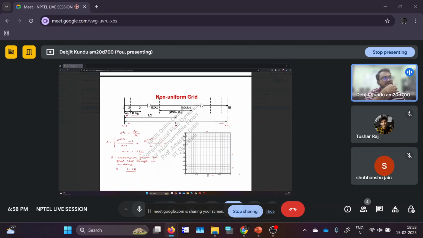So if we say that any delta eta i is L by 2 by A, and A is defined in this manner, where (r power n_cal minus 1) divided by (r minus 1), plus (r power n_cal minus 1) by 2. So what this equation does is, here we should have some dependence on the point, right?